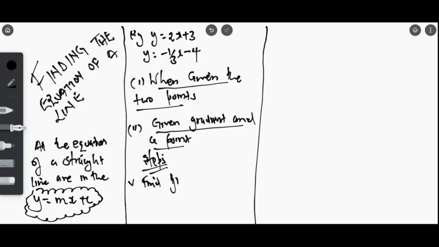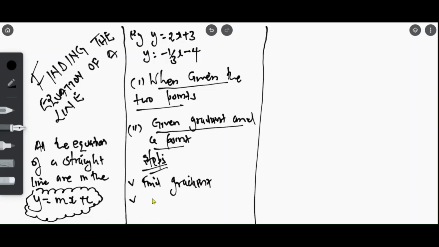Find the gradient, which is something that we've done, finding the gradient of a line. So if you're told to find the equation of a line, the first step is to find the gradient of a line.